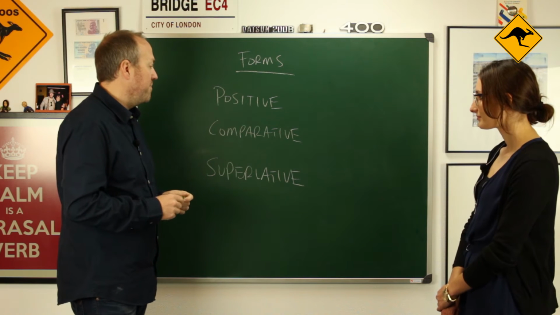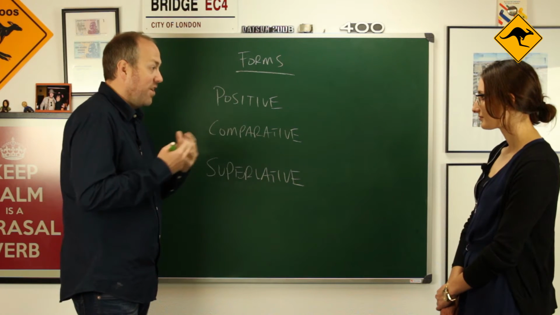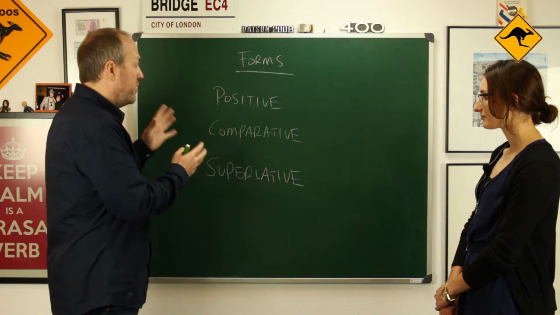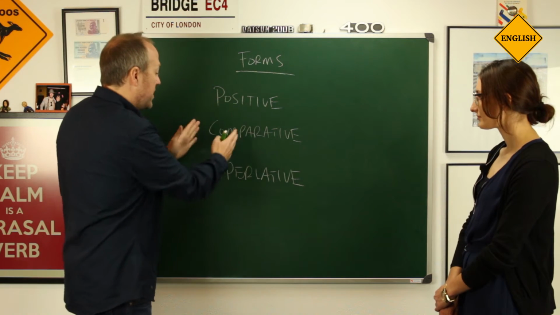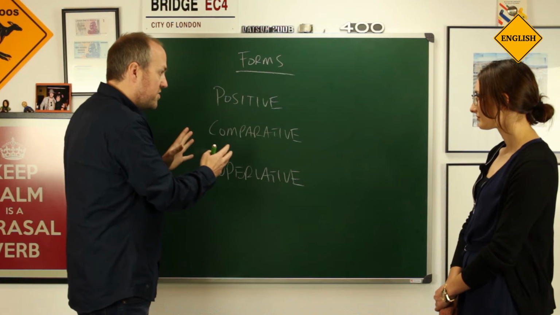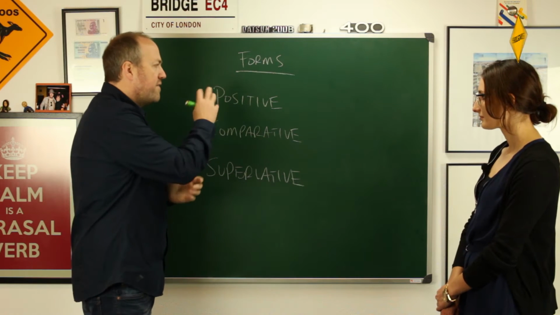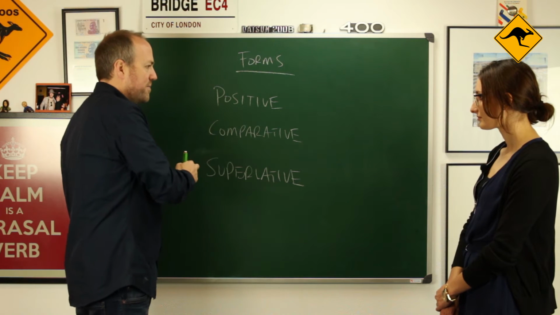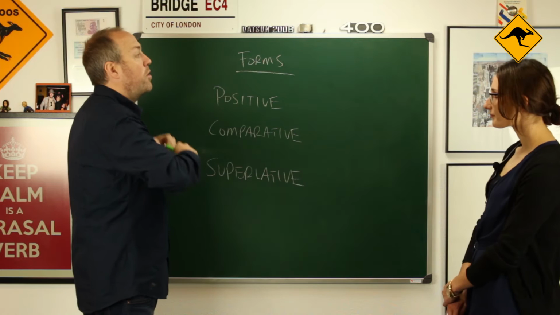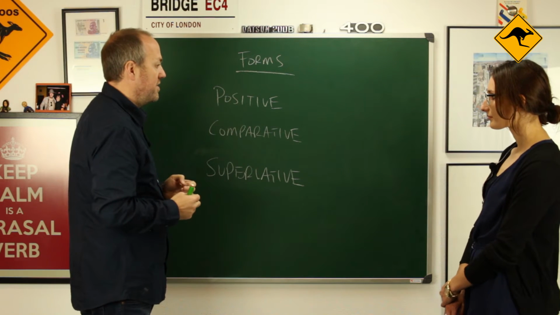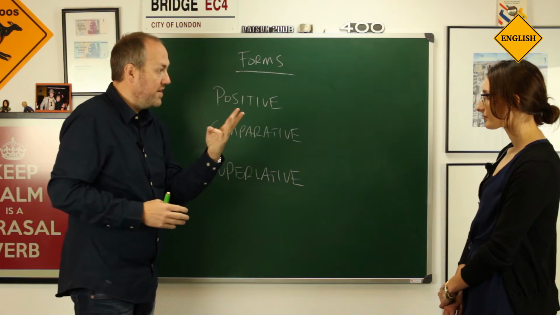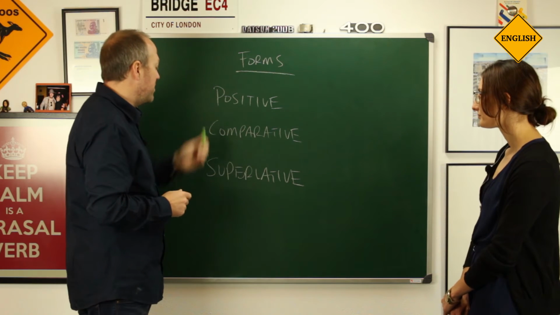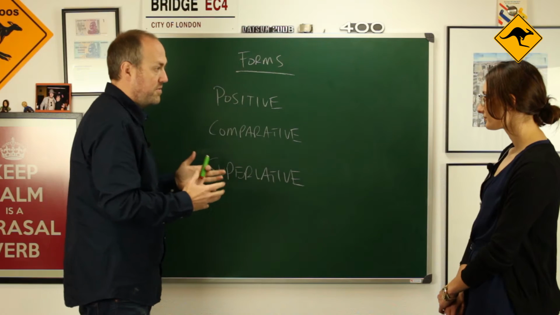But actually, I find it a little bit illogical and a little bit difficult to understand. So what we're going to do is use these three ideas, but only as the forms, almost like the conjugation of the adjective and the adverb. And then we will talk about the types of comparisons. So we have three forms and then various types of comparisons. Okay? So let's look at the three different forms.